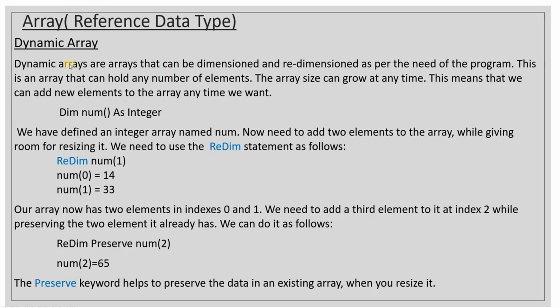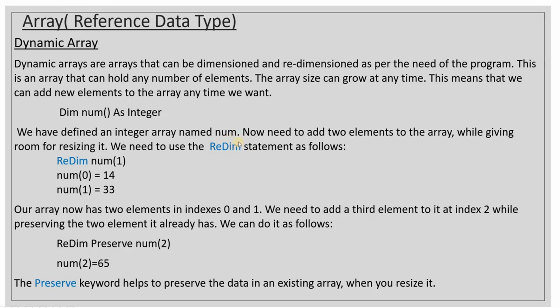This means that we can add new elements to the array anytime we want. Now the declaration is the same: num is an array of integer. We have defined an integer array named num. Now we need to add two elements to the array while giving room for resizing it. For adding two elements, we use a ReDim statement. ReDim is a keyword, R is capital and D is also capital.